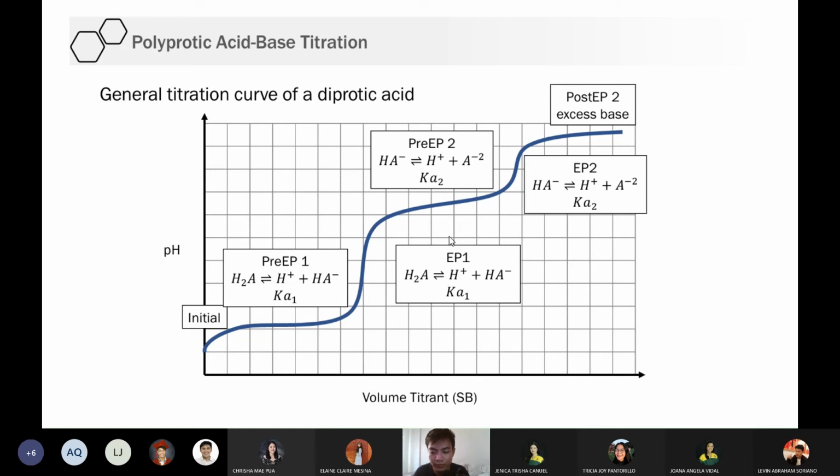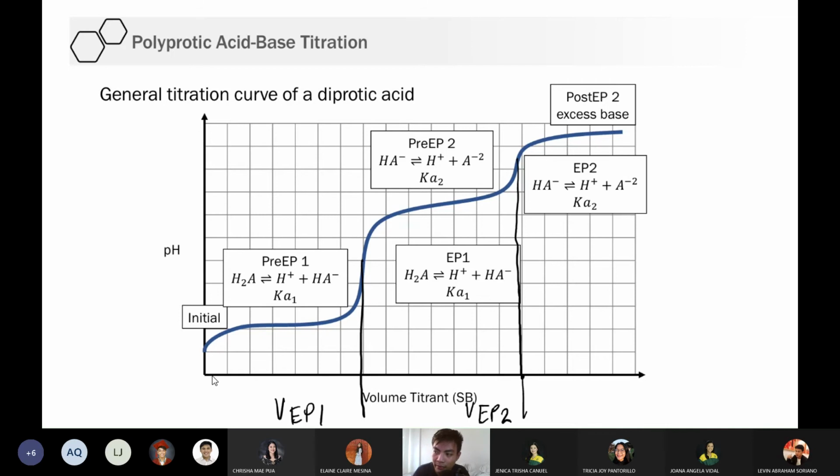What else now? For diprotic acids, the volume needed to reach the first endpoint, no? Ganon din karami yung volume na kakailanganin mo needed to reach the second endpoint, no? Equal yung dami ng volume ng titrant to neutralize the first and the second proton.